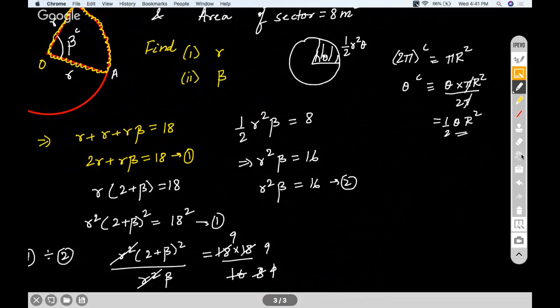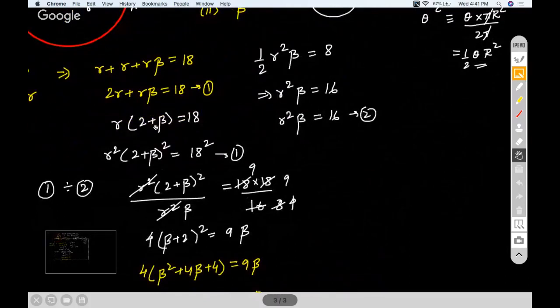So what I did, I wrote these two equations. I squared this up. I got this. And I divided by this equation. So that gave me beta plus 2 whole square by beta is equal to, by the way, you'll have 9 into 9 over here.